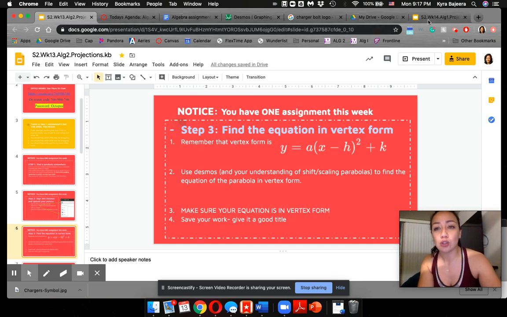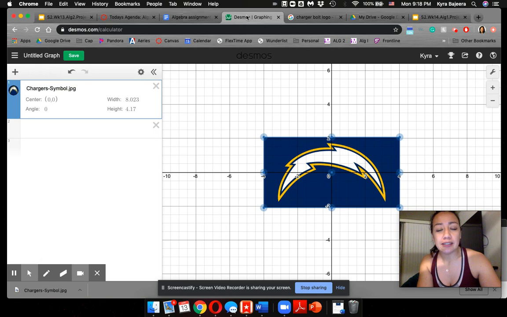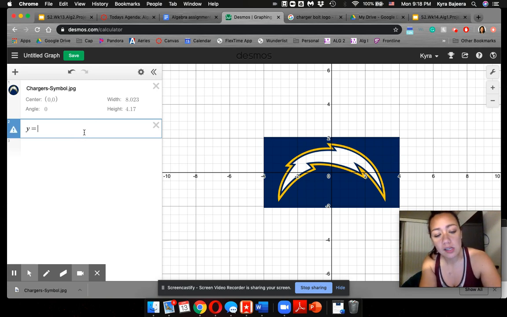Okay, so I'm going back to my Desmos. I have my Charger symbol. I'm going to type y equals. I know it's got to have x squared.